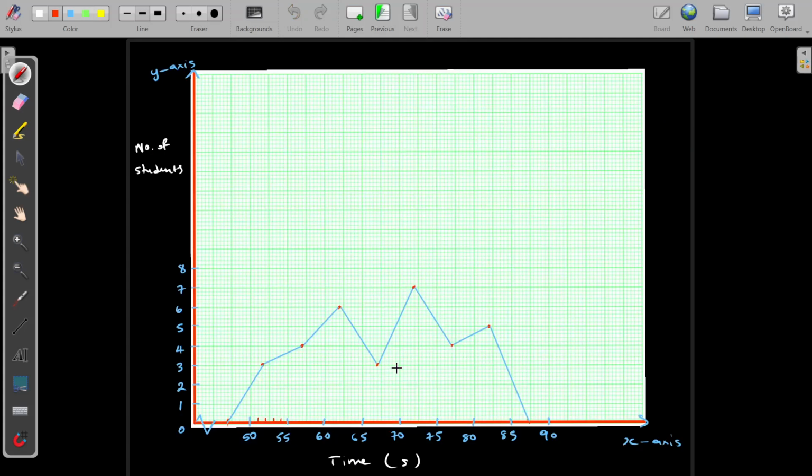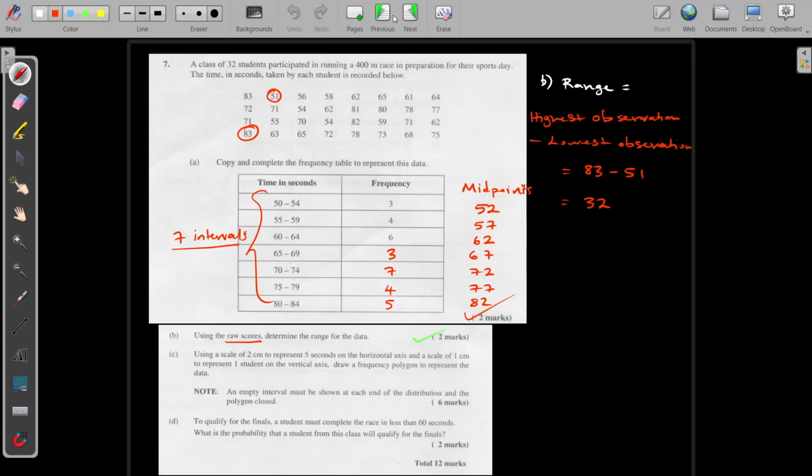They didn't ask us for the area for this one. So when I send this document to you, you can find the area. And once you find the area, all you're required to do is divide by the class width, and that should give you back the total frequency.